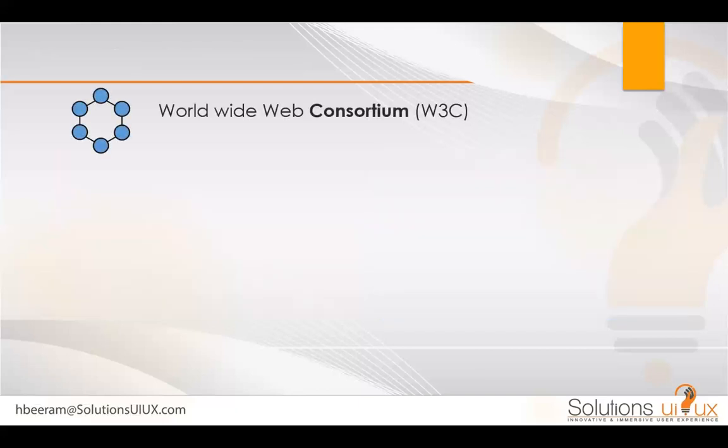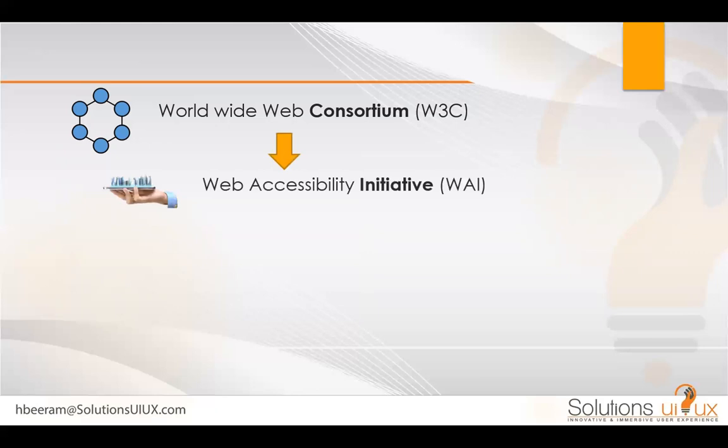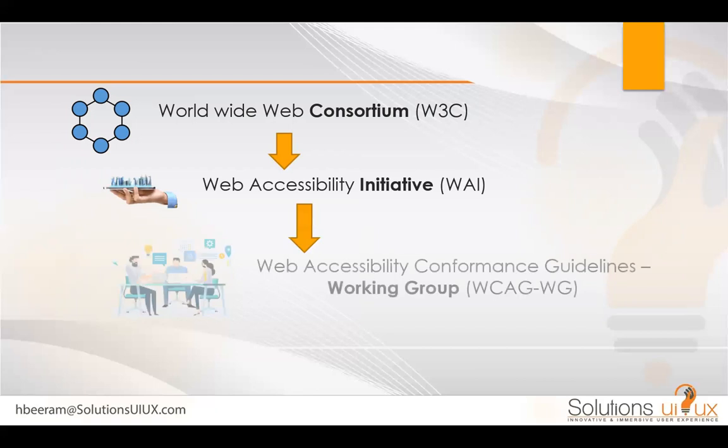So we talked about WCAG, the Web Content Accessibility Guidelines, but where did it originate from? It originated from the World Wide Web Consortium, the higher governing board of the World Wide Web. They have an initiative called the Web Accessibility Initiative, or WAI, which has a group of people called the Web Content Accessibility Guidelines Working Group, the WCAG Working Group.